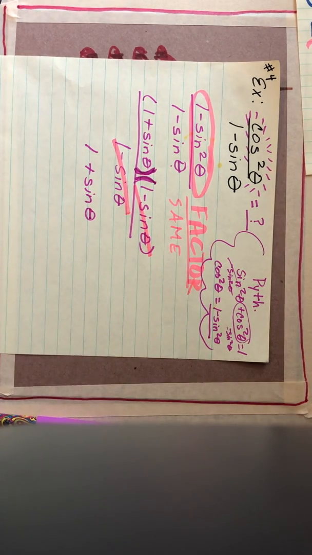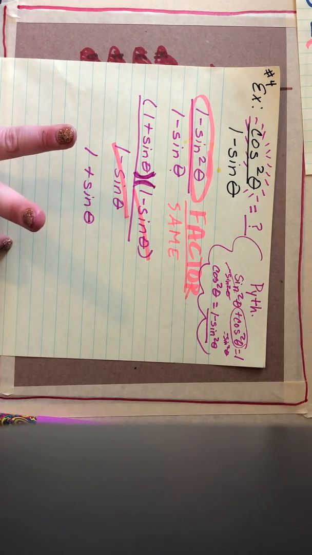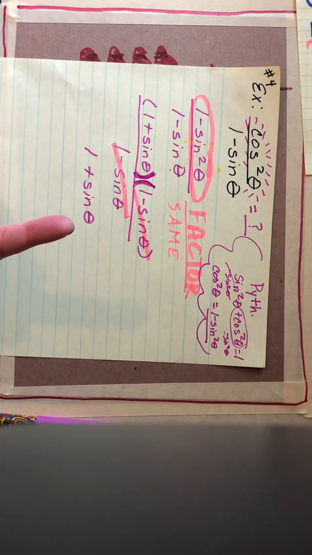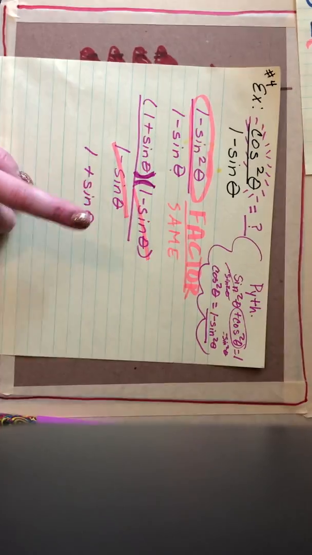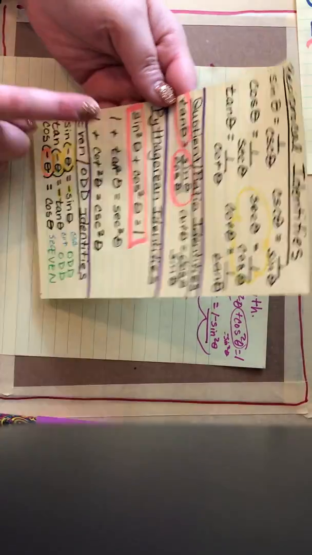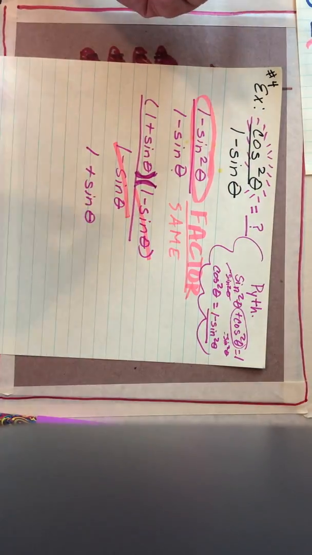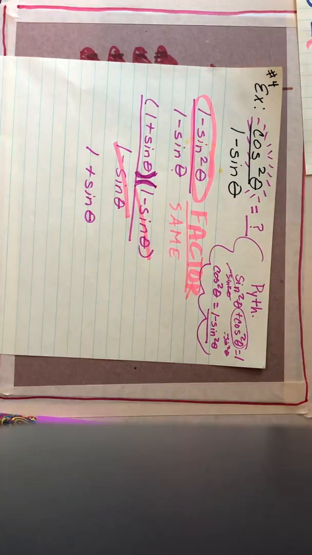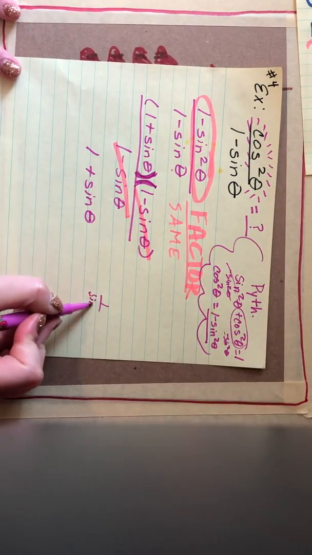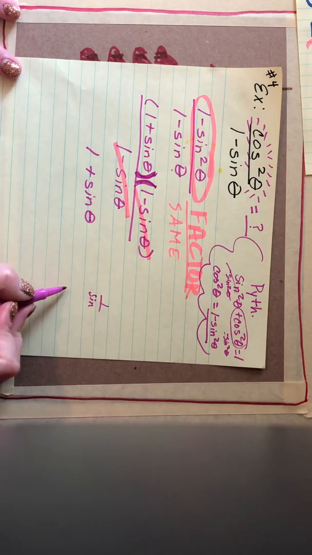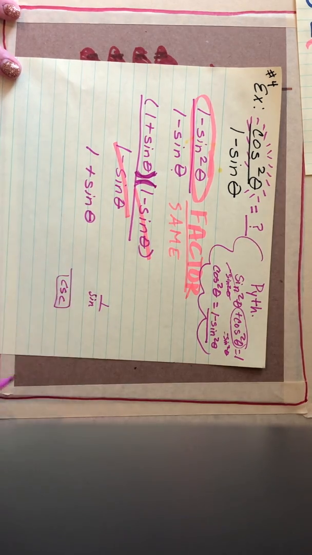And then the last thing to do is to check and see if we can somehow make these two terms become one. If this sine was squared, then we could use a Pythagorean identity, but it's not. If this was 1 over sine, we could totally change it to cosecant and be done, but it's not.